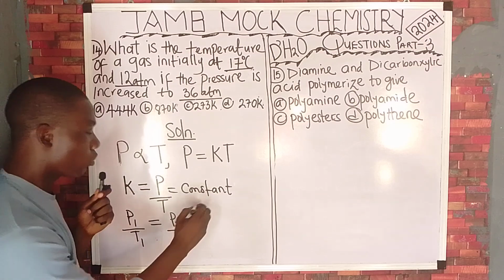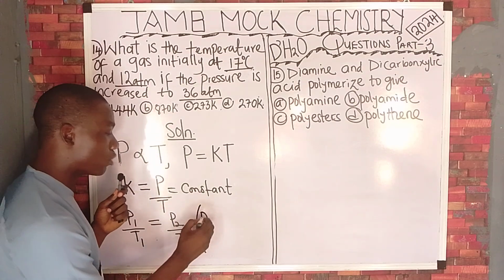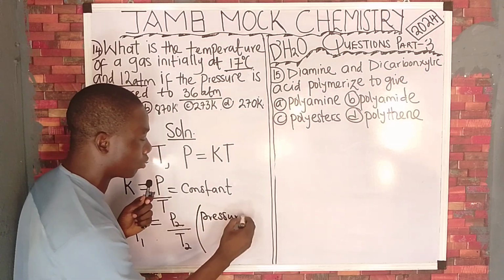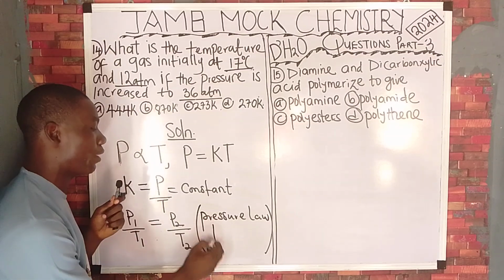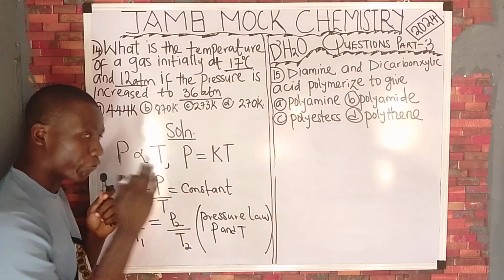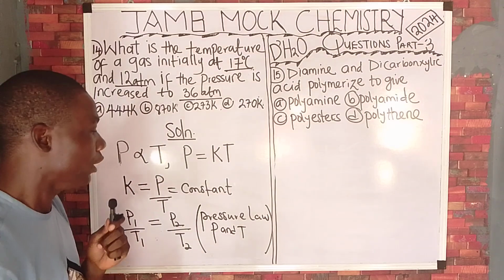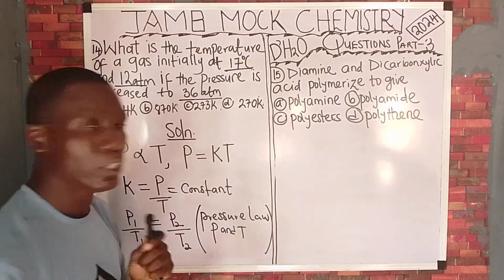What is this law they are referring to? They are referring to the pressure law. Please take note of this: pressure law has to do with pressure and temperature together while your volume remains constant. If it was Boyle's law, it would have been volume and pressure, and so on.